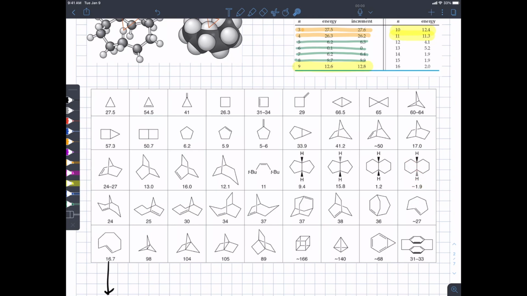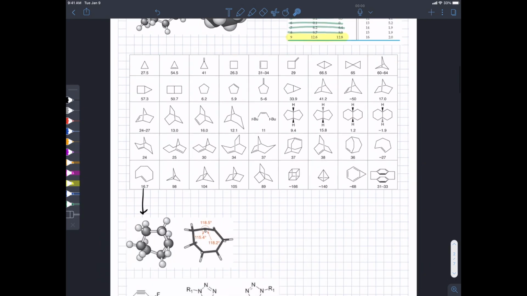I don't know what negative ring strain means. Maybe this means it's even happier than it would otherwise be linear. You go with cis, and that's strained. The reason for that is that the cis fused ring system always has to have one axial and one equatorial, whereas the transfused ring system, you can have both ring substituents equatorial.